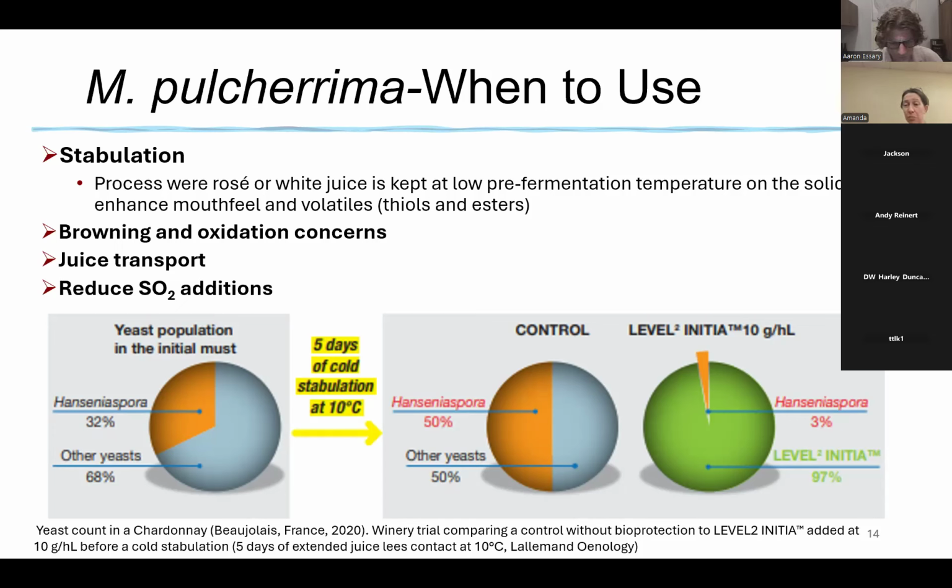So like 97% of the yeast were found to be comprised of the Initia, and less than 5% was made of the Hanseniaspora. Then compared to the control, so no use of Initia or M. pulcherrima, you had quite a high Hanseniaspora population that was generated during the course of stabulation.